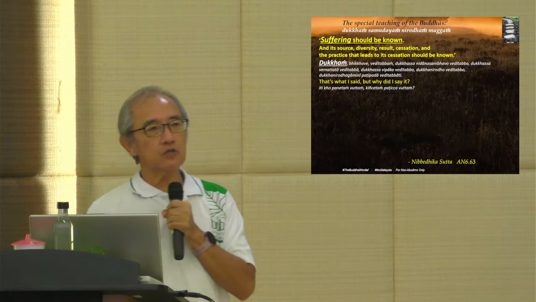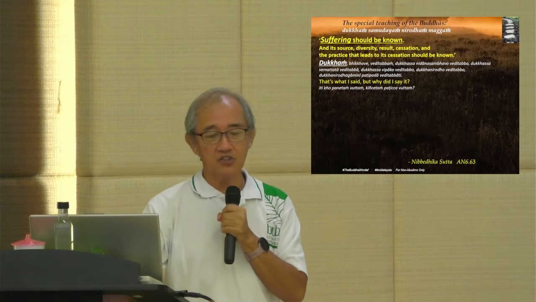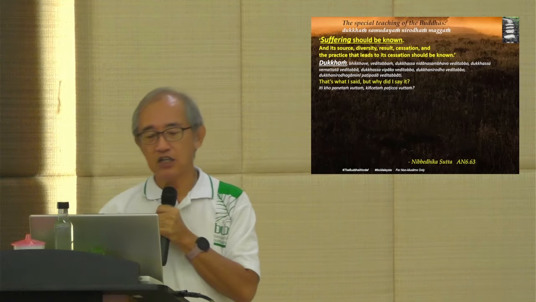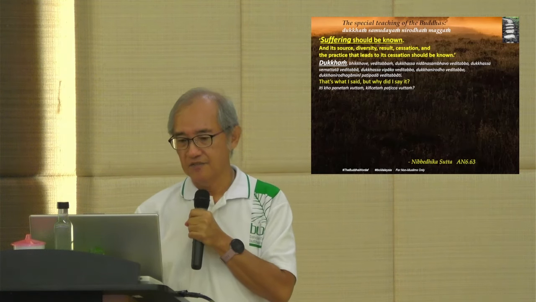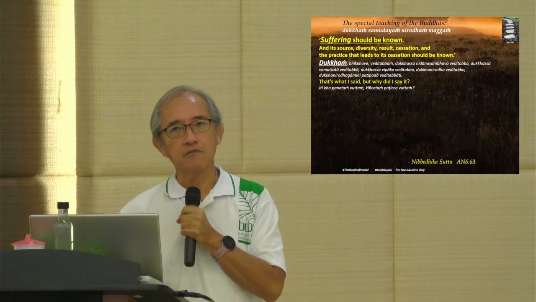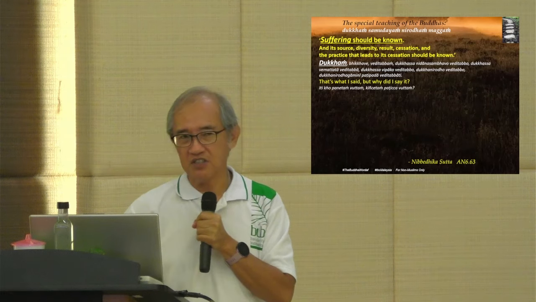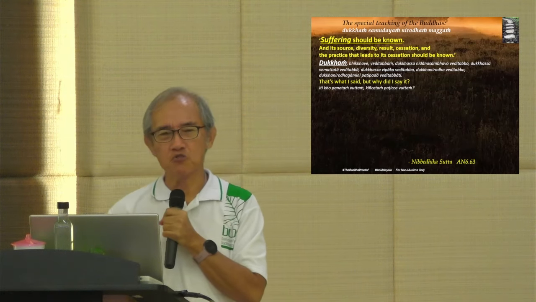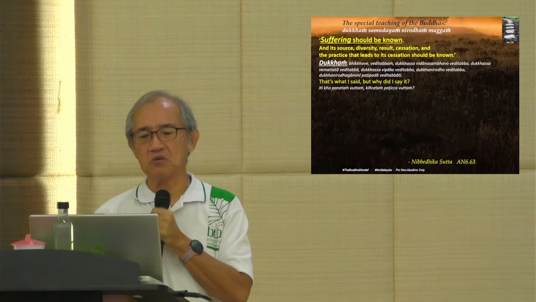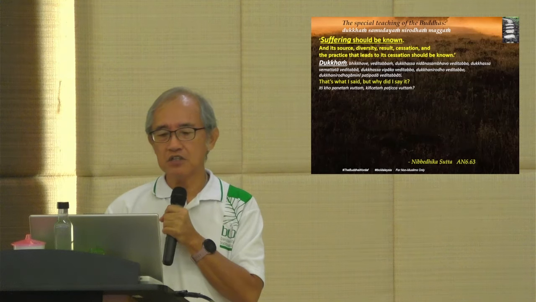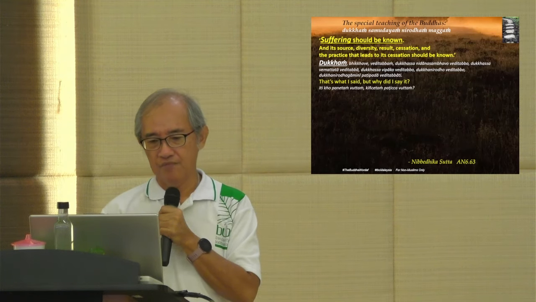Now, although the word here is suffering, the Pali word is actually dukkha. Okay? Now, dukkha has a wide range of meanings, not just the word suffering. So, a lot of people accuse Buddhism of being so pessimistic, always talking about suffering. How did the Buddha define dukkha?